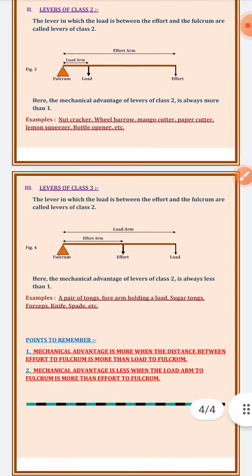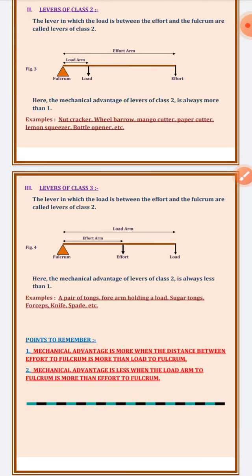Now coming to the third and last class of levers, namely levers of class 3. Now what is its definition? Its definition is the lever in which the effort is between the load and the fulcrum.